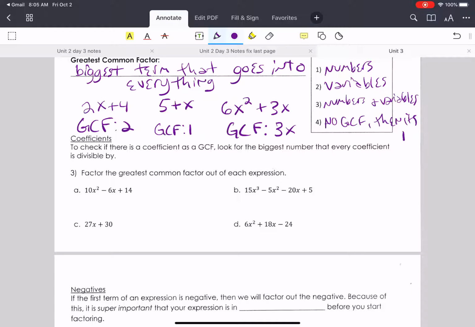Anyone think they have the GCF for the first one? Yeah, 2, good. So now what we need to do is we need to factor it out. We're doing the opposite of distributing. So instead of giving a 2 to everything, we're going to take a 2 out of everything, right? Now when I give a 2 to everything, I'm multiplying it in, right? What's the opposite of multiplication? Division. So instead of timesing everything by 2, I'm going to divide everything by 2.